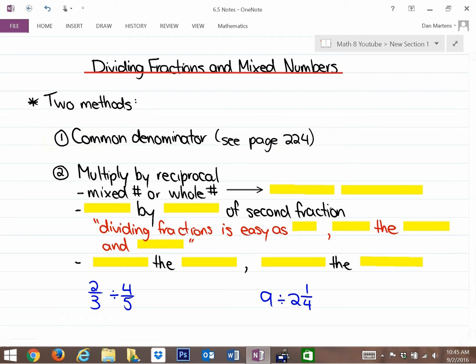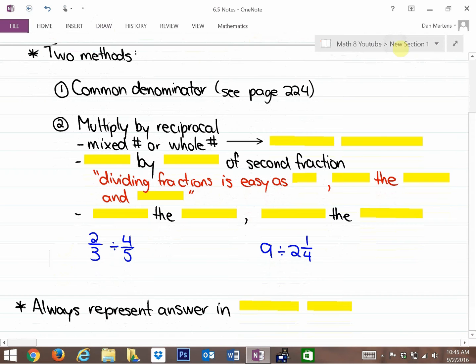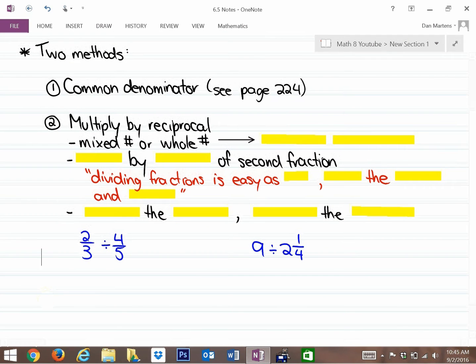So the first thing that we're going to do, and I'm going to do two examples along the way, is much like we did with multiplying. We're going to make any mixed numbers or whole numbers into improper fractions. With multiplying, that was the first step because we couldn't multiply the numerators and multiply the denominators unless we had improper fractions.